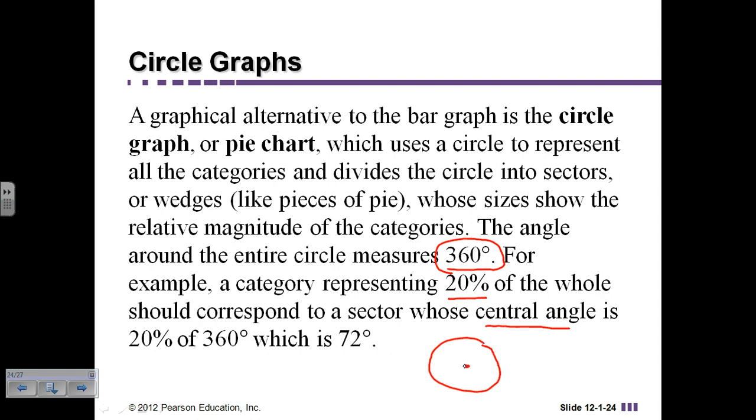So here's my center of my circle. So if you think about 90, and I'm just estimating this right now, 90 would look like this. So a 90-degree arc would look like this. So 72 is going to be, oops, I did a little bit too small there.